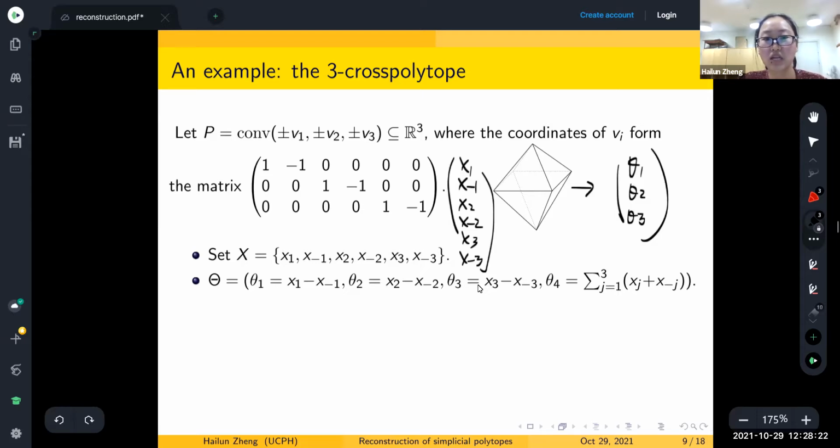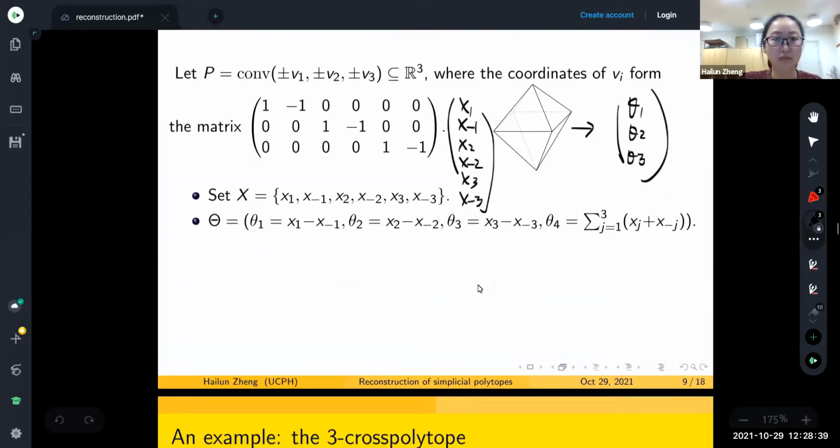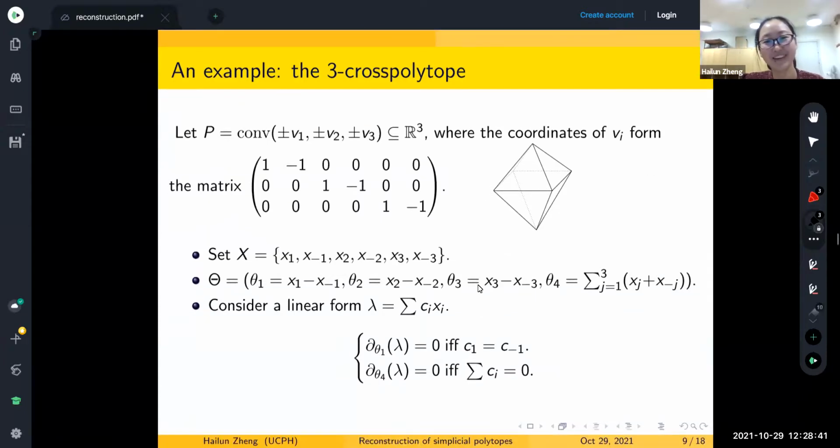So immediately you see that theta 1 is x1 minus x minus 1, etc. So this is how we define the canonical linear forms. And in particular, again, I just want to emphasize that this has a lot to do with how you realize this polytope in space.